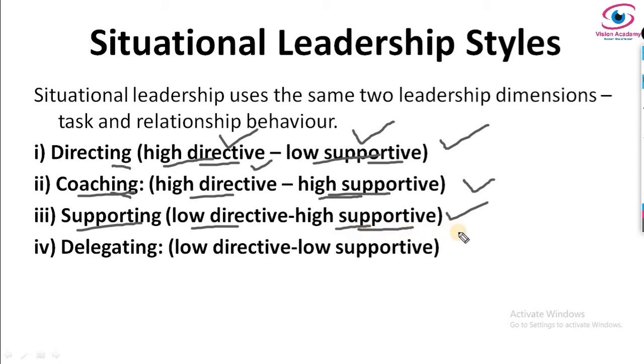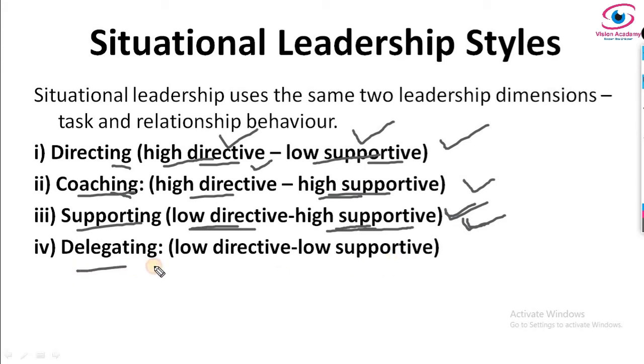Both together sit and make a decision, with the main role of the leader here being facilitating and communicating to the higher ladder and lower ladder. So here he has to direct less and support more.